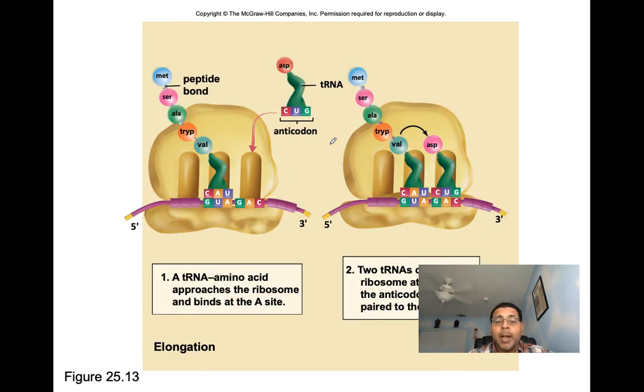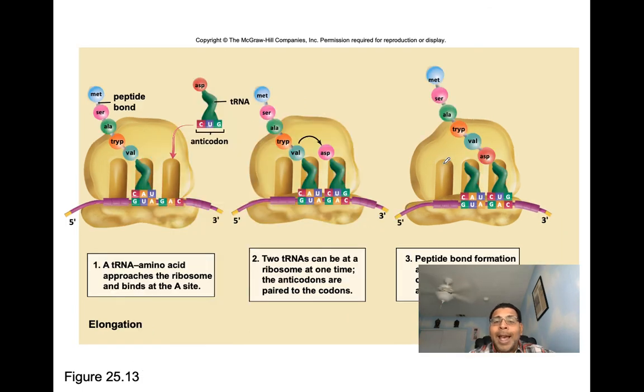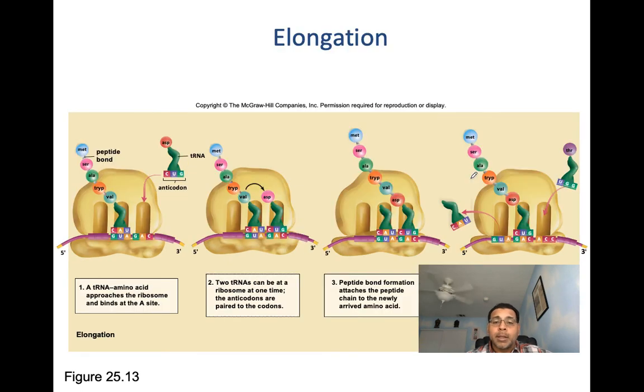Once it gives up that growing polypeptide chain to this new tRNA in the A site, that tRNA is empty. It's going to jump into the E site where it'll eventually exit, and this tRNA in this A site is going to be able to move into the P site. So you can see that happen.